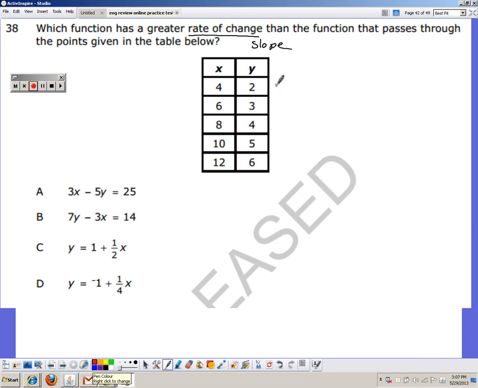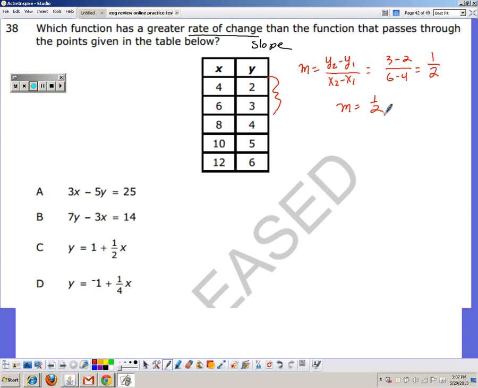I'm just going to stick with the first 2. Slope is equal to y2 minus y1 over x2 minus x1. So I'm going to do 3 minus 2 over 6 minus 4. 3 minus 2 is 1, 6 minus 4 is 2. So our slope is 1/2.